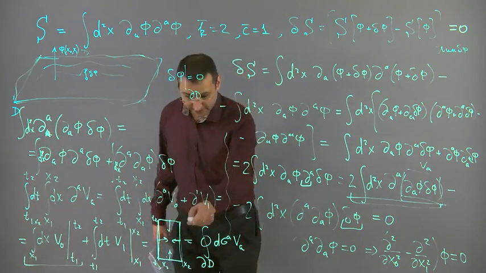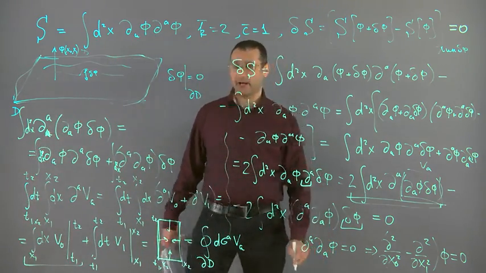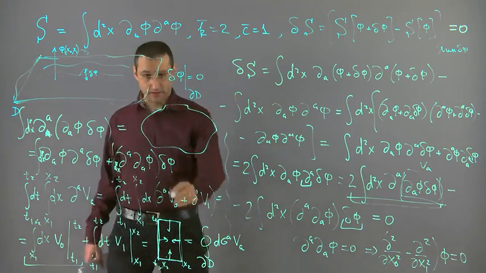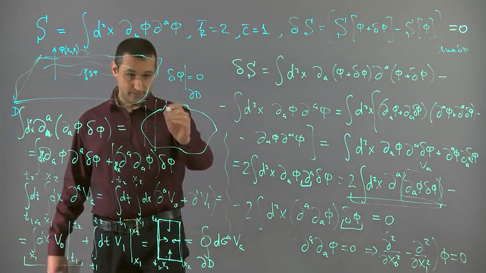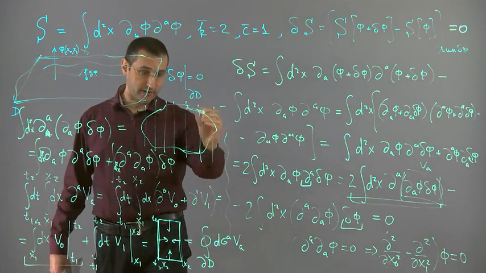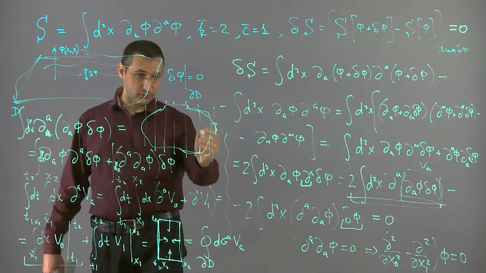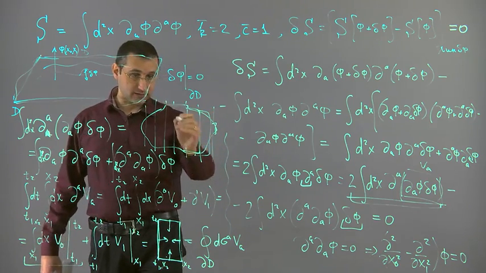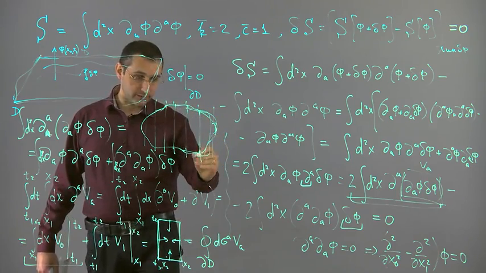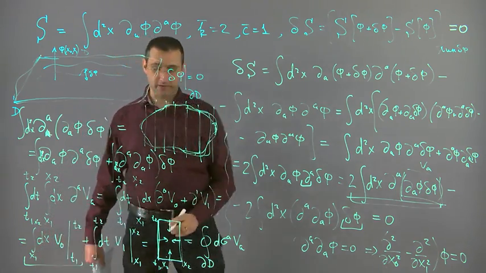So this we have shown for the rectangular region. If we have an arbitrarily shaped region, we can slice it by rectangles. And for every rectangle, we will obtain this formula. These terms cancel out between each other. What remains is the integral over the boundary of this arbitrarily shaped region.